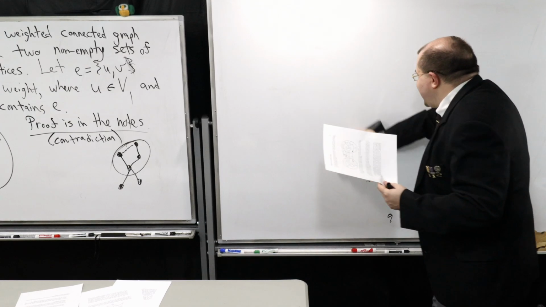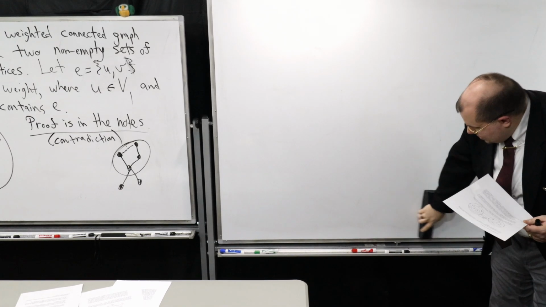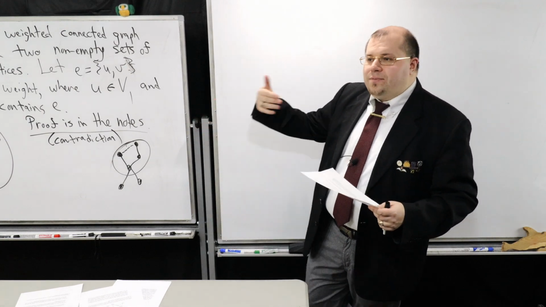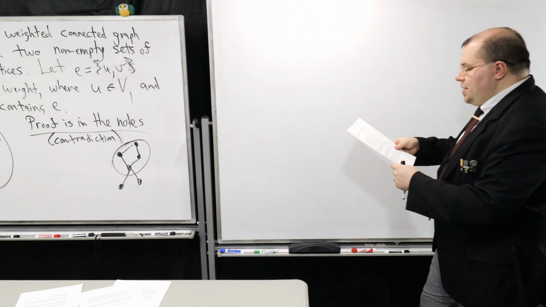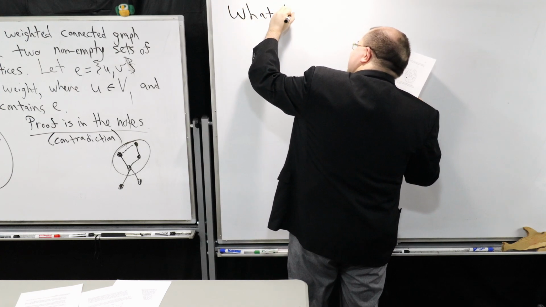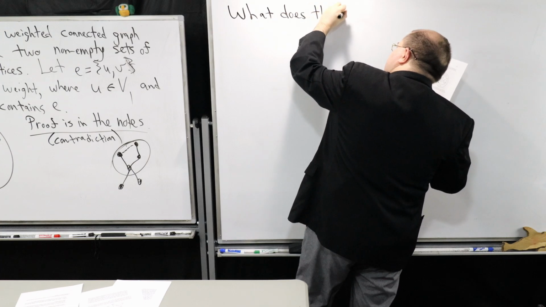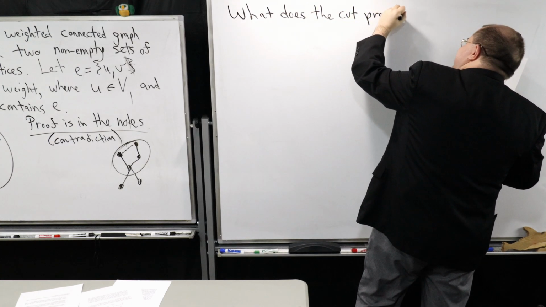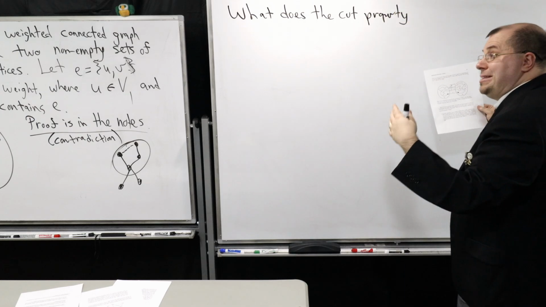So now you'll notice that there's two sets of vertices, V1 and V2, right? So what does the cut property imply? There's a couple different ways you can use the cut property, at least two.